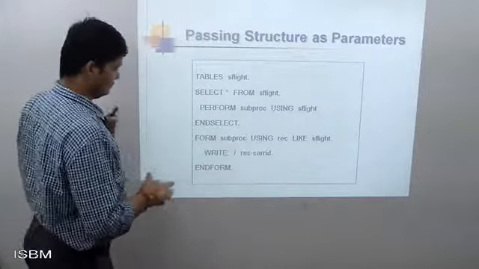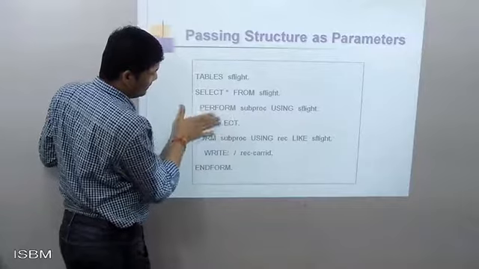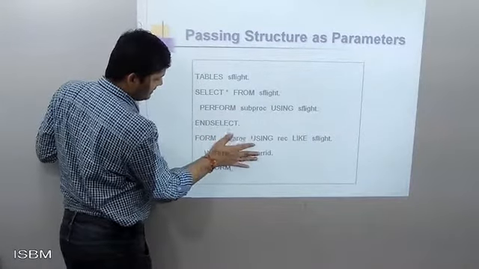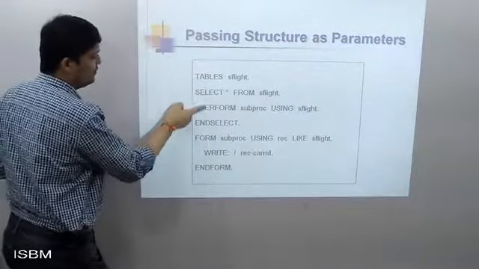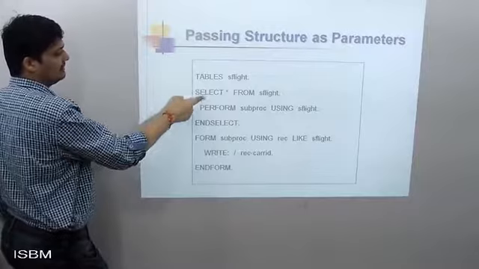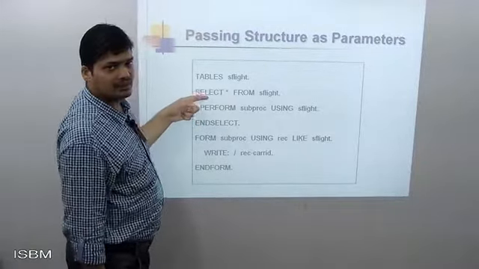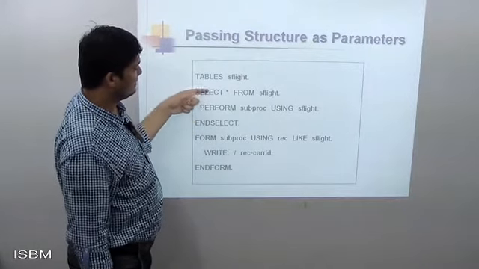This is something related to the loop, so the loop will work over here, in between select and select. Each and every time the select works, it goes inside this perform and comes back again.